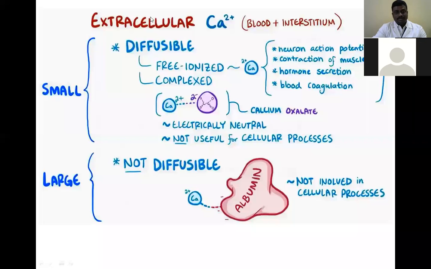Like that, there is also not diffusible extracellular calcium. Most of the calcium in the blood, about 80%, combines with albumin. When it combines with albumin, free calcium is not available. Because of the albumin's molecular weight, it is large in size, so it is also not involved in cellular processes.